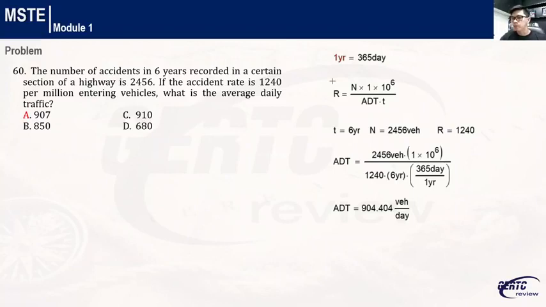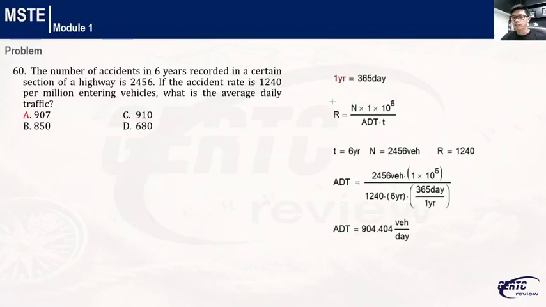I think na-type po ako dito. 2456, 1240. Correct naman. Then 6 years. Okay? Ayos pa tayo dyan? Okay. So, i-close ko to na.